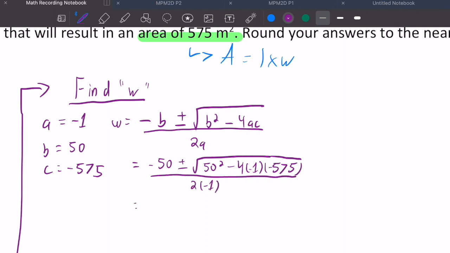So what we're going to start doing is solving the square root. Get negative 50 plus minus square root of the square of 50, which is 2500, minus negative 4 times negative 1 times negative 575, which gives us negative 3200. And this is all over negative 2.